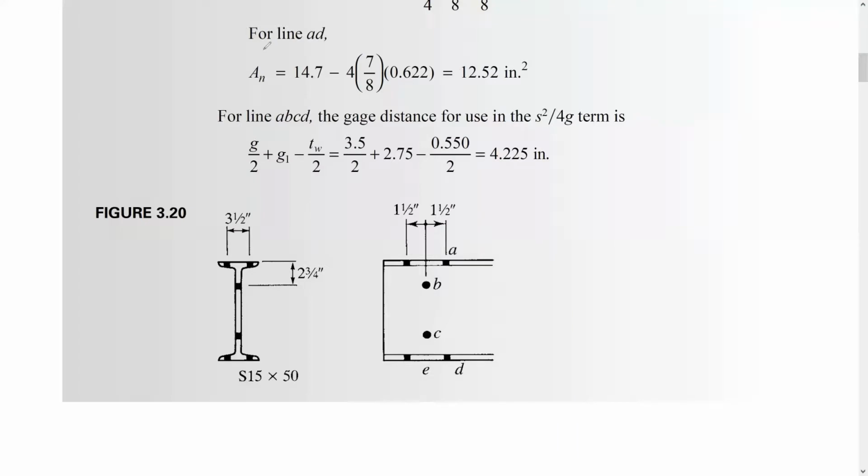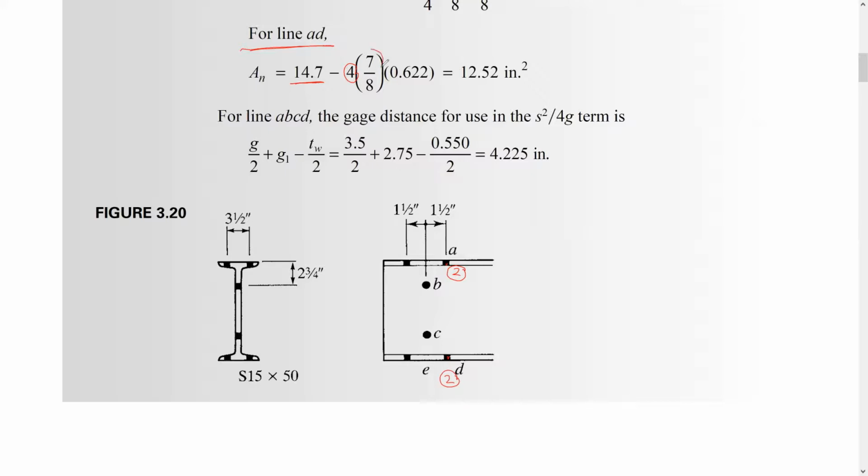So for the line, let's say AD, we have a gross area of 14.7 minus, and this is a very important point. When we talk about AD, we have two lines of bolts. So we have two lines here, and two lines here.